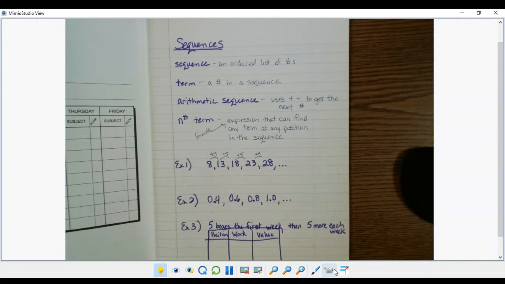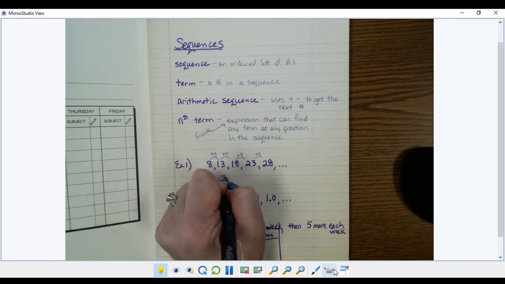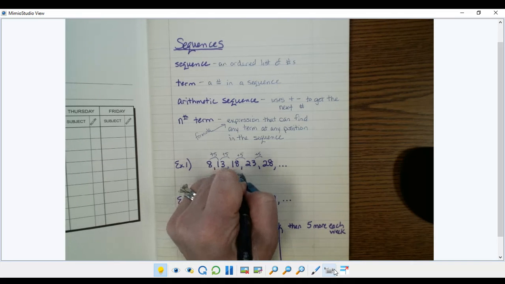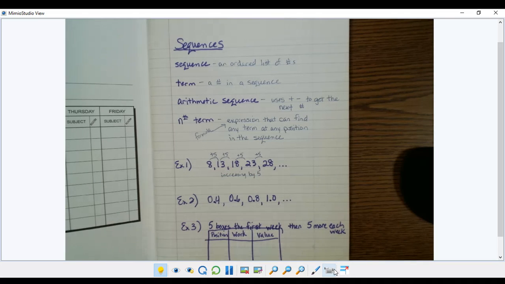So the directions are going to say, describe the relationship between the terms in the arithmetic sequence. All right, well, the relationship is that it's increasing by 5. Sometimes we get really lazy and just say plus 5. Then write the next 3 terms.